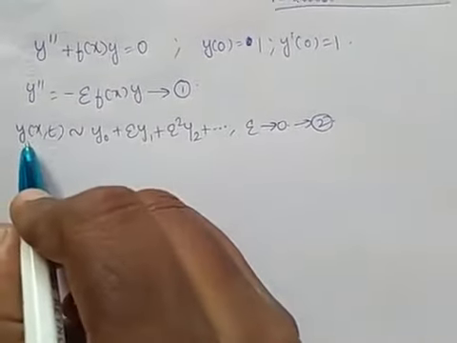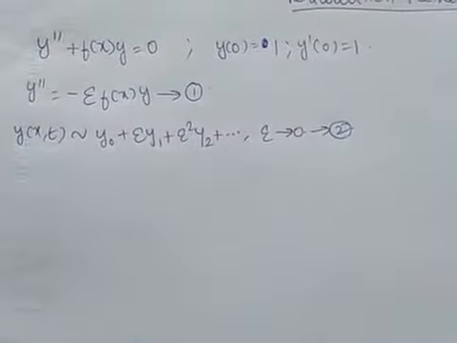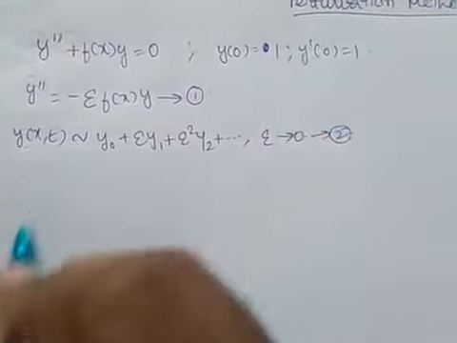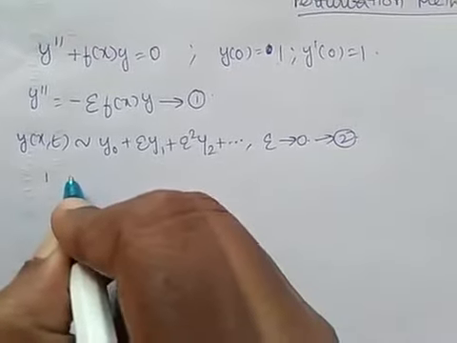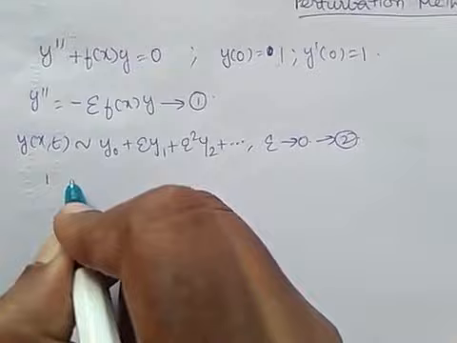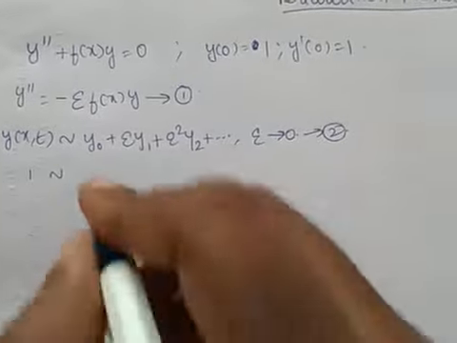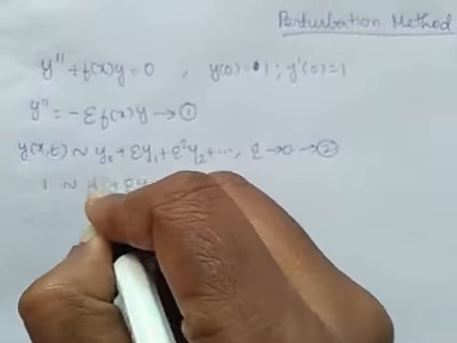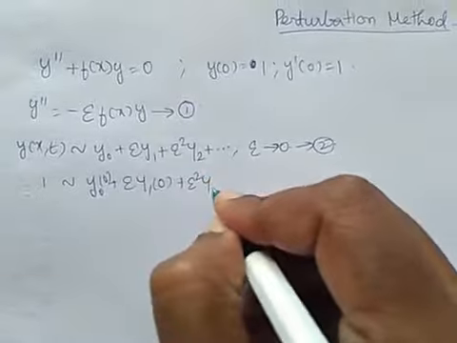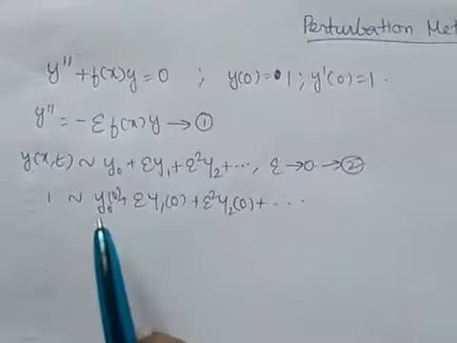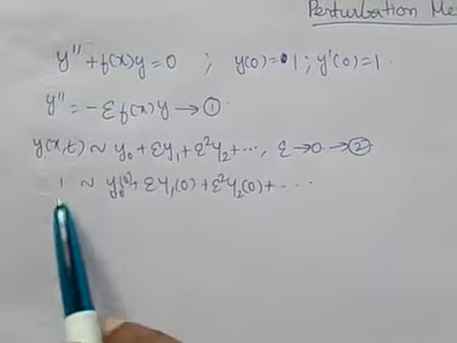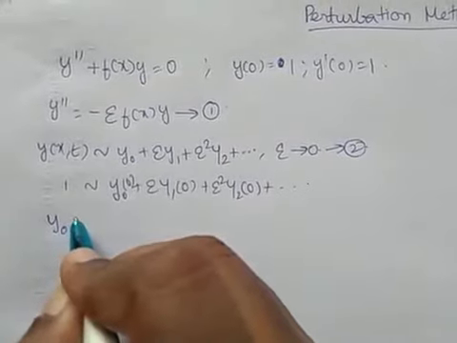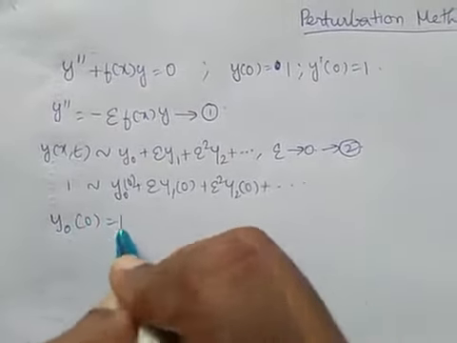When we substitute, I hope you remember the procedure. When we substitute x equal to 0, we will get y is equal to 1. So here we will get 1 is equal to y0 plus epsilon y1 of 0 plus epsilon square y2 of 0, etc. When we equate the constant term, we are having y0 of 0 equal to 1.